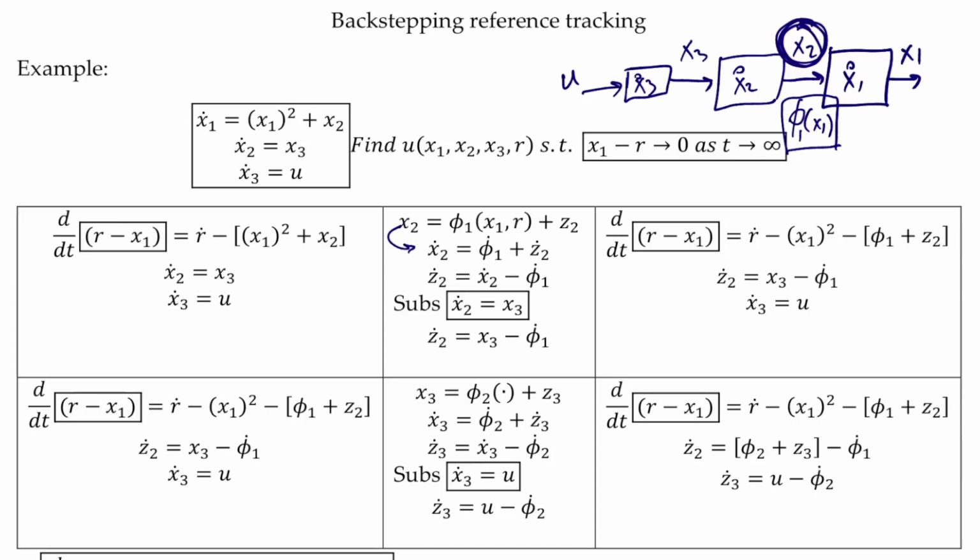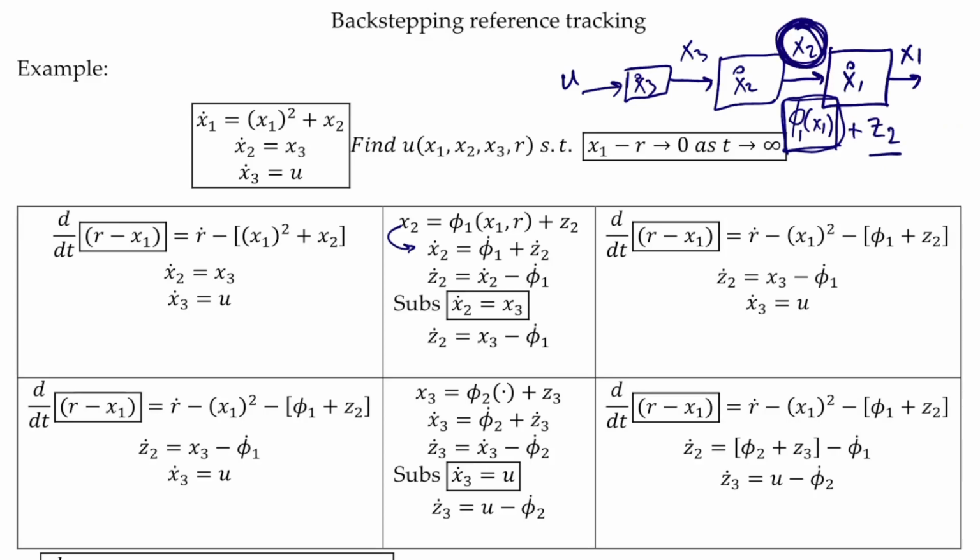After the convergence, the error might go down to 0, but in the transient, at the start of the operation, there will be some error. x2 will not be equal to the phi1 signal, but there will also be an error signal that we need to consider.